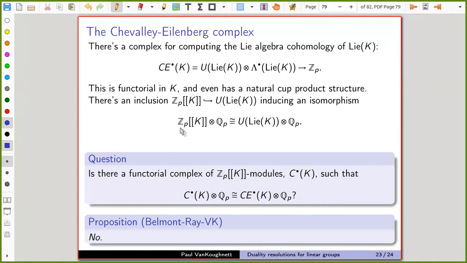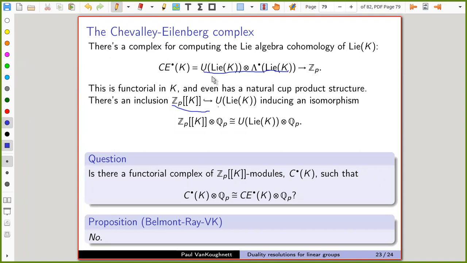So would the functorial complex be a resolution at all, or is this still no? It's not. But okay, so if you start with this and you forget down to Z_p double brackets K, the problem is this inclusion is not flat. Well, I think you still get an exact sequence because you're forgetting, but what's the issue?